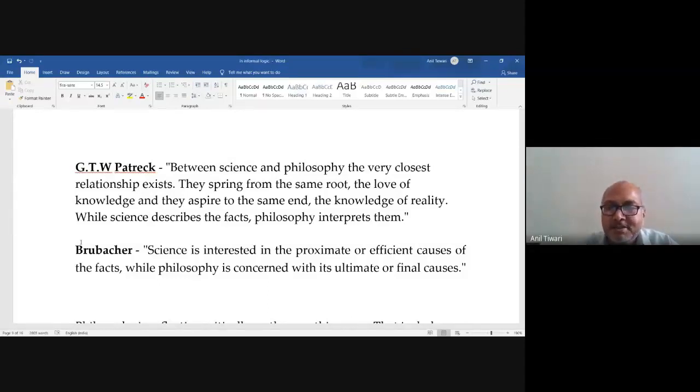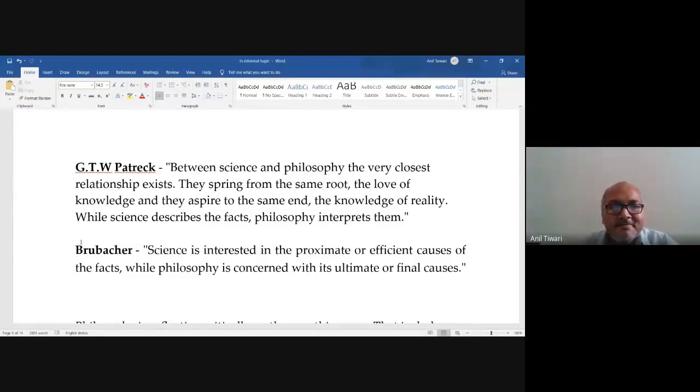They spring from the same root, the love of knowledge. Science also wants to discover the truth. Philosophers also try to do that. They aspire to the same end. They want to arrive at a universally, commonly acceptable answer regarding the knowledge of reality.